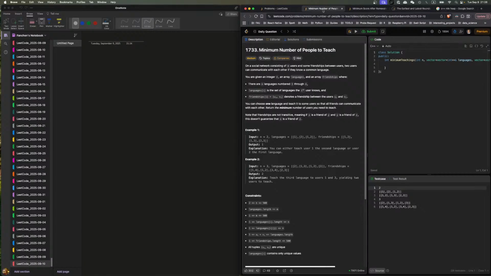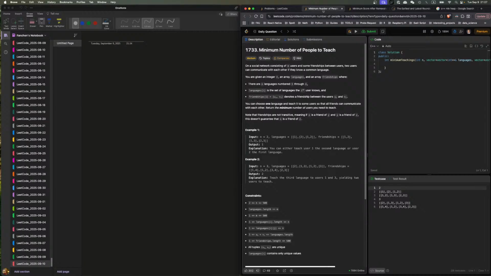Minimal number of people to teach on a social network consisting of M users and some friendships between users. 2 users can communicate with each other if they know a common language. You are given an integer n, an array languages, and an array friendship where there are n languages, number 1 through n.